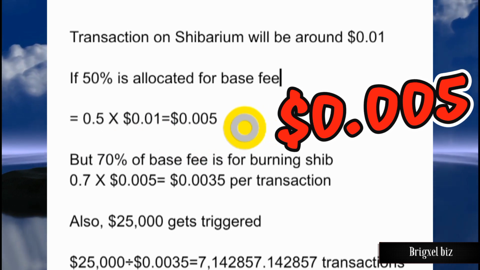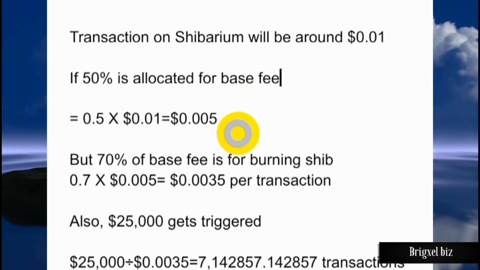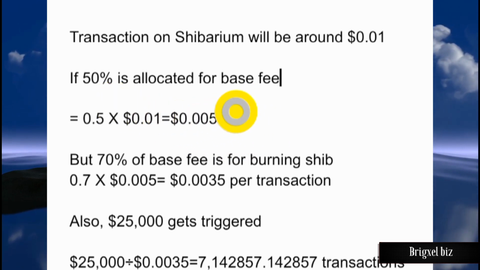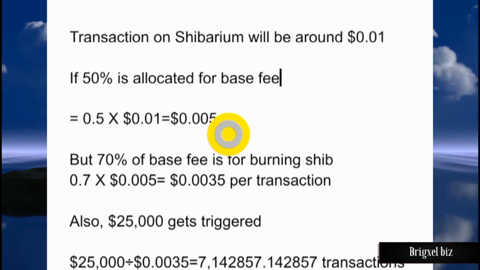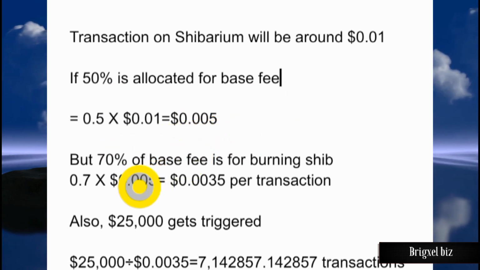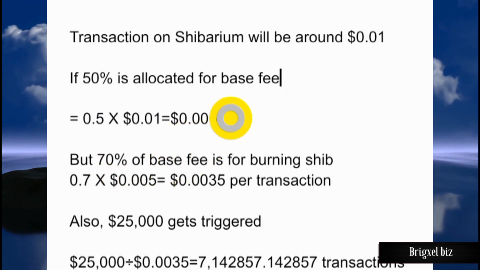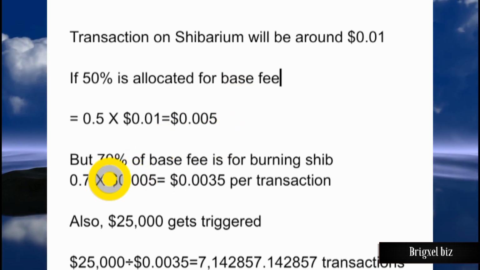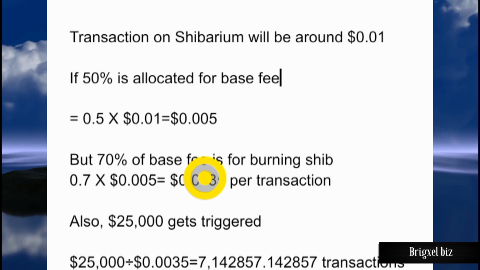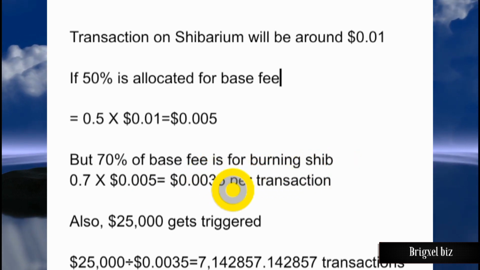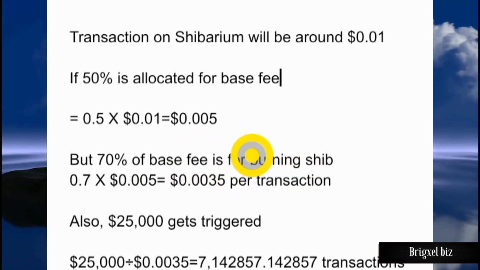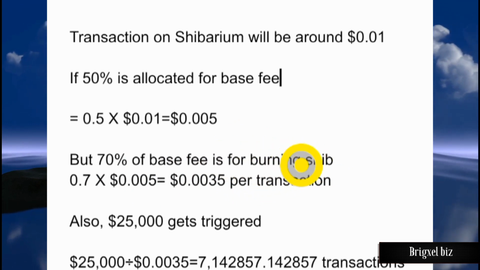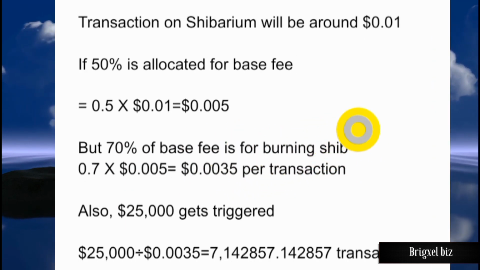So this is the amount of money we are assuming is going to be allocated for base fee. According to the document, 70% of the base fee is for burning Shib. The remaining 30%, according to the document, is going to be for paying block providers. So let's forget about that part.